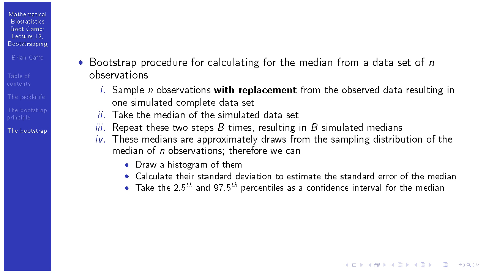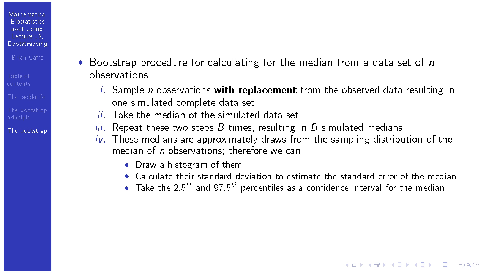That would give us one Bootstrap resample and one Bootstrap resampled sample median. Then we would repeat this step B times, let's say, resulting in B simulated medians of n observations, those n observations having been drawn with replacement from the collection of observed data.